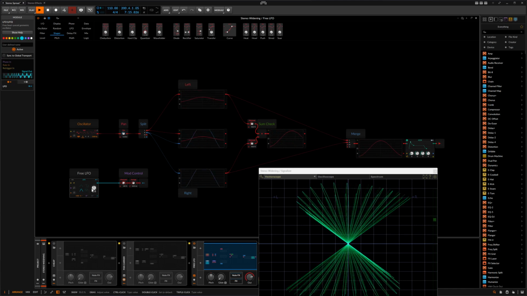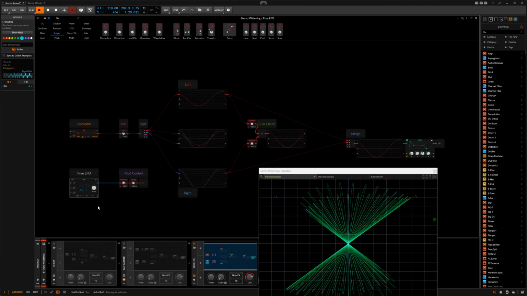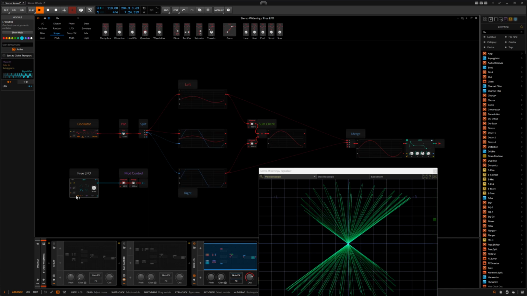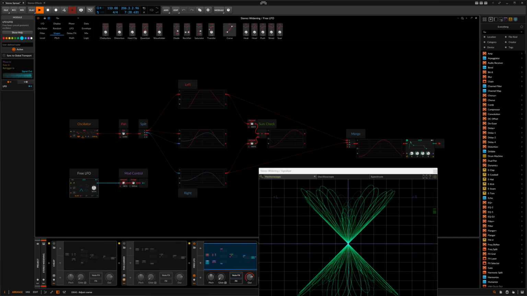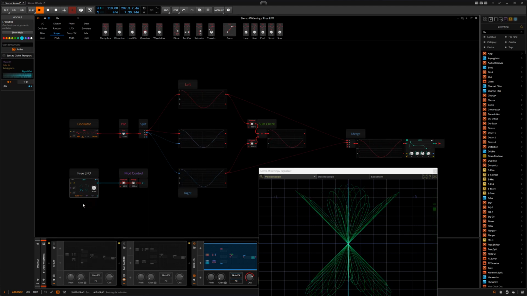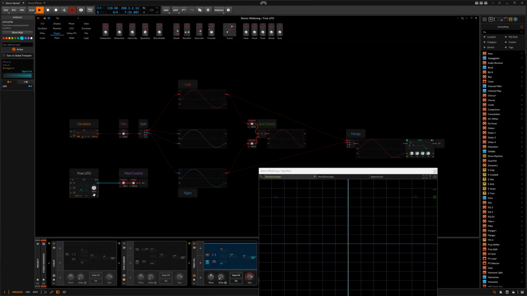The reason that you get this stereo imaging effect is because the ear takes some time to decay from where it thinks the sound is coming from. So if you go fast enough, well, that's not even fast enough, but I'm not going to work at this.